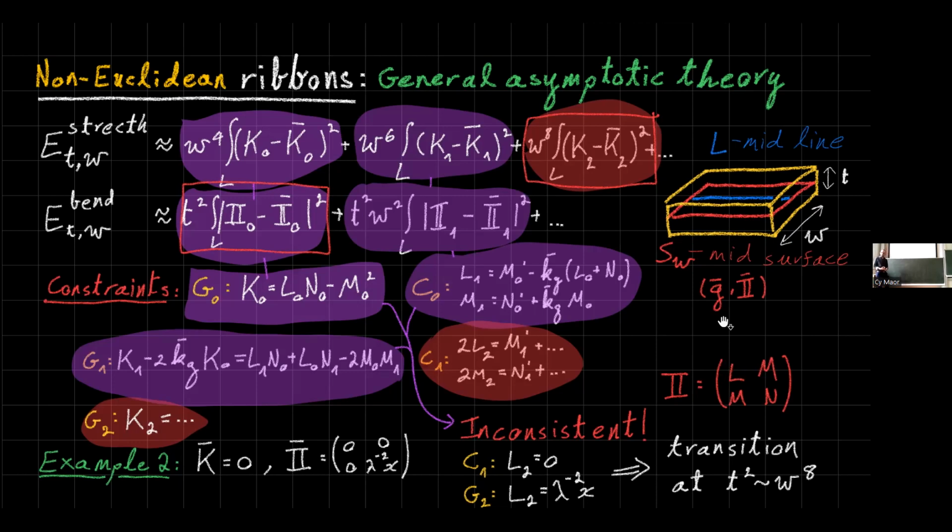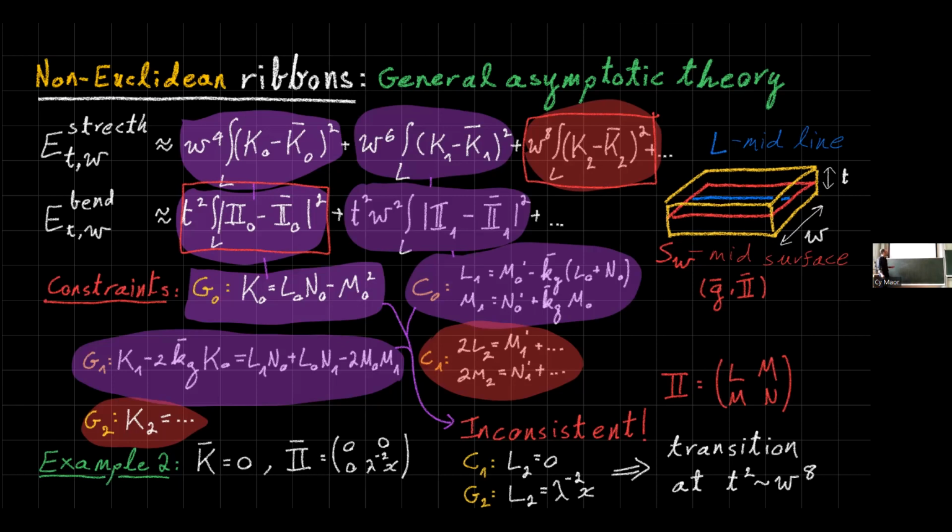And if you trace it back where everything comes from, this is a competition between this term, the second derivative of the Gaussian curvature, and this term, the 0th order term in the second fundamental form. So you have a competition between w to the 8th and t squared. So you have this type of transition, t and w to the 4th. Okay, and this you can do to all these examples, and in some you see that indeed you have shape transitions.